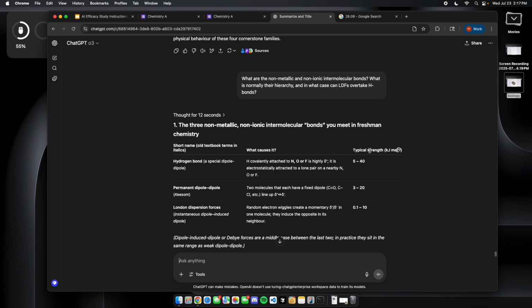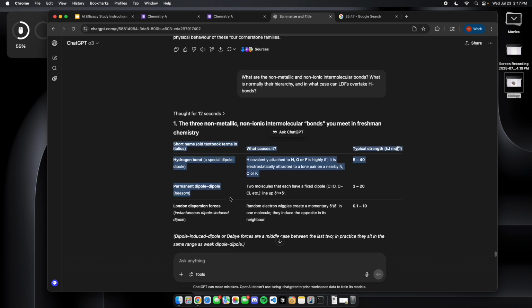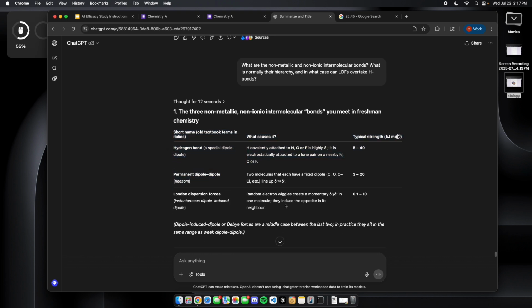H covalently attached to N, O, or F is highly polar. It is electrostatically attracted to a lone pair on a nearby N, O, or F. Okay, this is the one we were talking about, the hydrogen bond being the strongest, then permanent dipole, and then London dispersion forces.